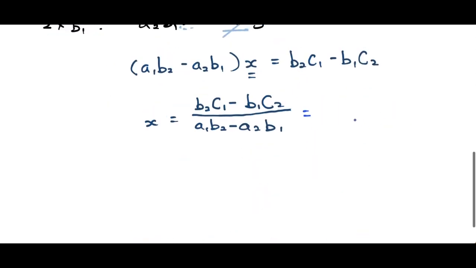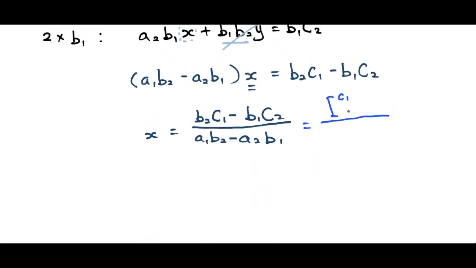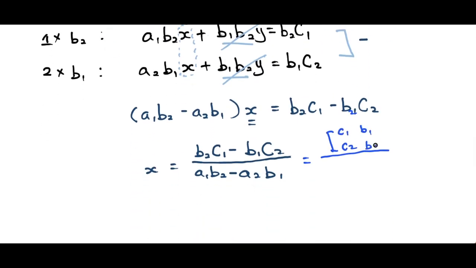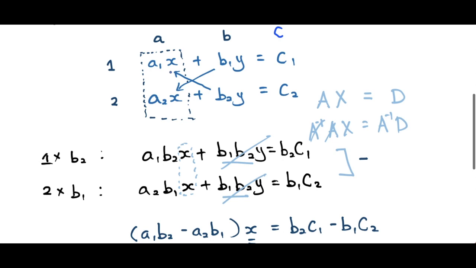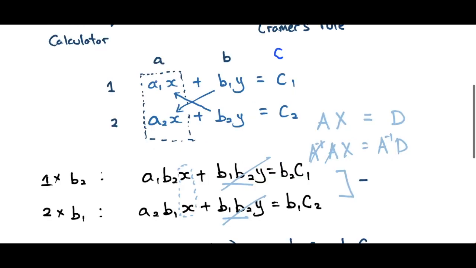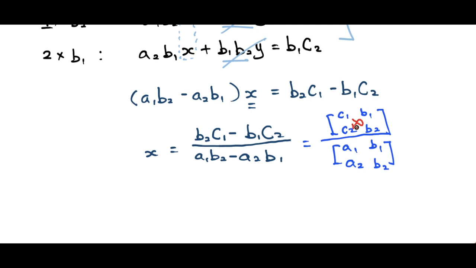The c column is c1, c2, and then b1, b2. The denominator would be a1, a2, b1, b2, just as shown in the A and B columns. This is how you get the determinant: a1 b2 subtract a2 b1.